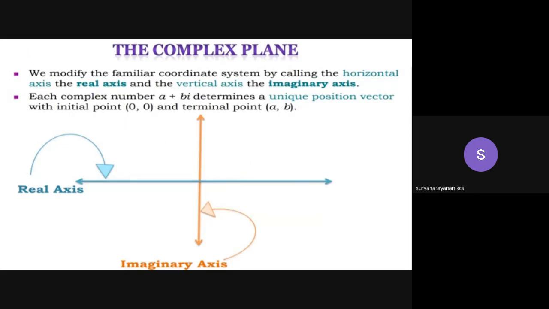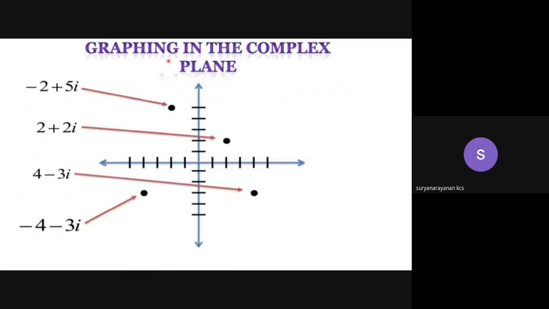Right. See this one, graphing in the complex plane. If a complex number is given, how do you represent it in the complex plane? Suppose minus 2 plus 5i. Here minus 2, comma 5. Assume that this is the x coordinate and this number is the y coordinate, minus 2 comma 5. So we represent this complex number in this plane like this. Similarly, 2 plus 2i means the ordered pair 2 comma 2. It lies in the first quadrant. Understood this point, my children?